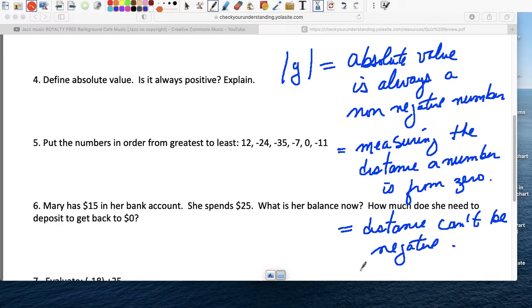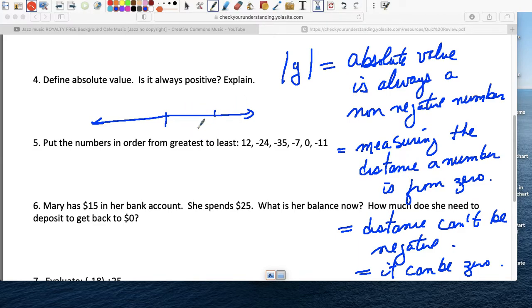But it can be 0. So absolute value is all these. It's a value that's always a non-negative number. It measures the distance a number is from 0, and because distance can't be negative, it's always going to be 0 or positive.